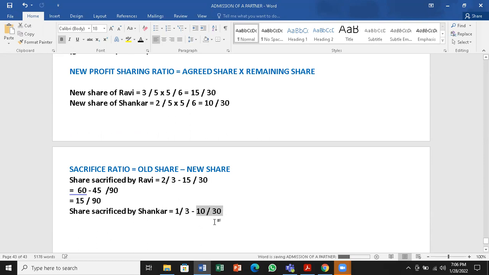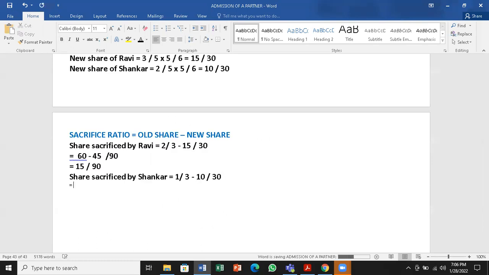Now it is 10/30. So if you go for again the LCM, denominator multiply, that is 3 into 30. That is again 90.